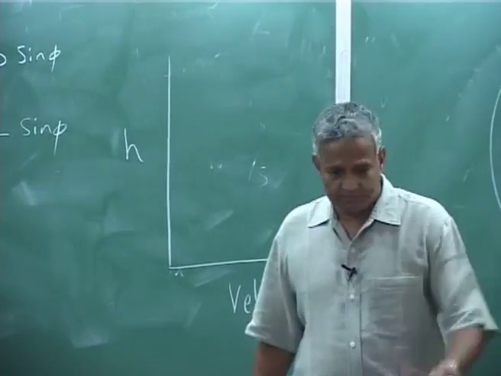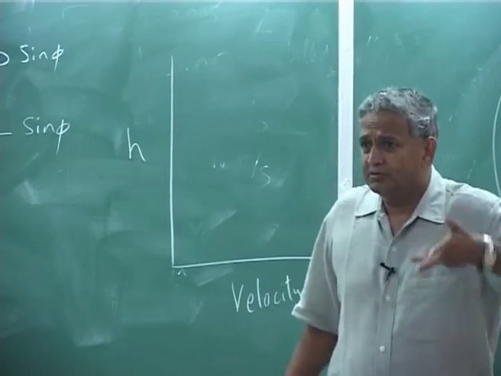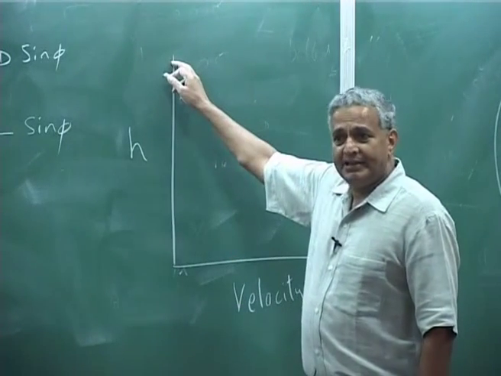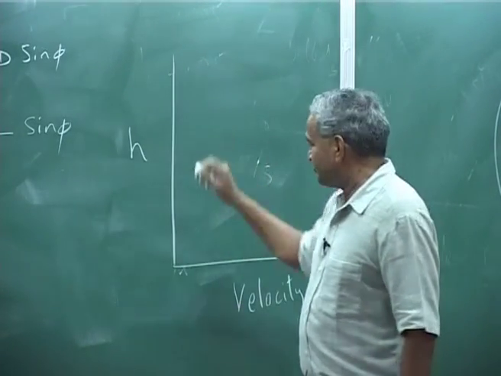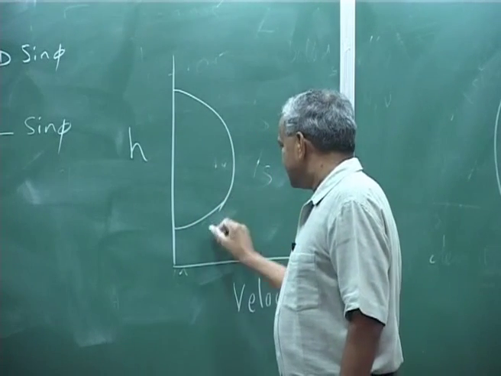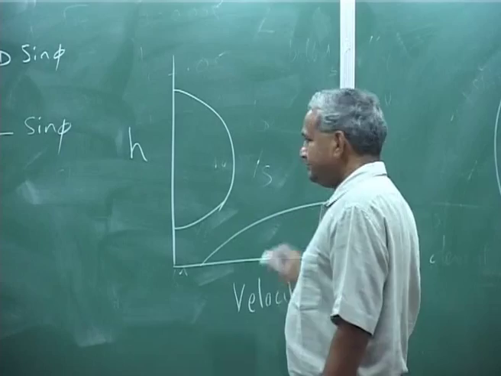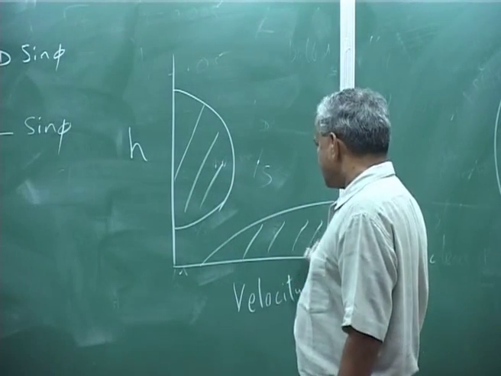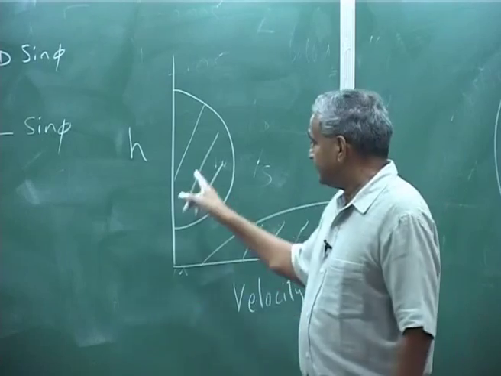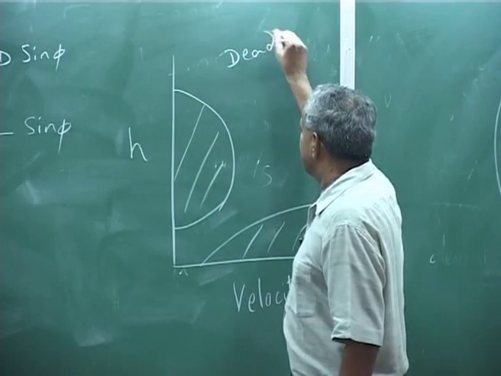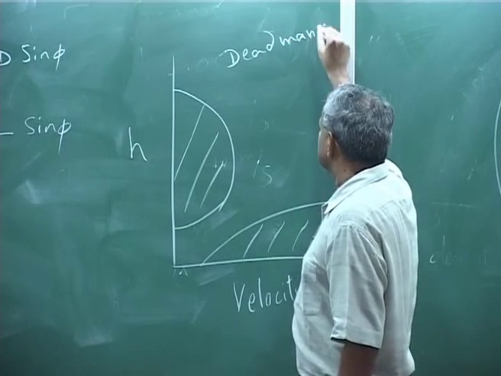The helicopter can hover, beautiful. That means 0 velocity, I should be able to operate at any height. But they always draw something like this. Do not fly here. This is called the dead man curve.